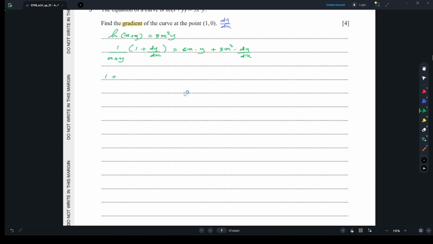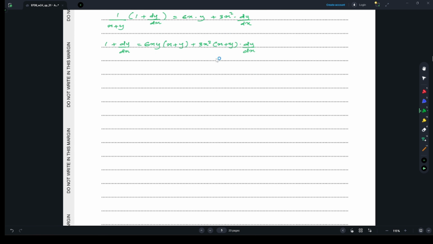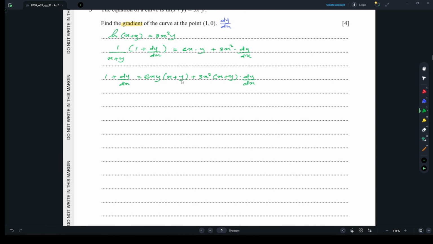So here I have 1 + dy/dx equals 6xy(x + y) plus 3x² times (x + y) times dy/dx. I can bring the dy/dx terms to the other side. On the left side we have 1, which I can bring to the other side, and the second part with dy/dx goes to the other side.